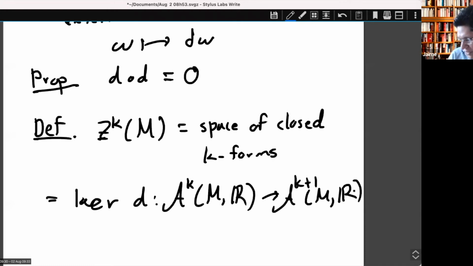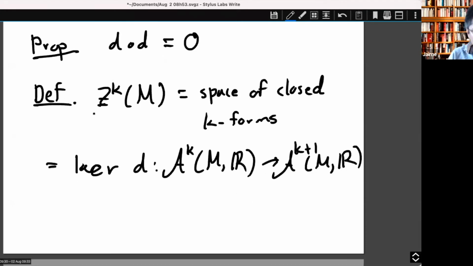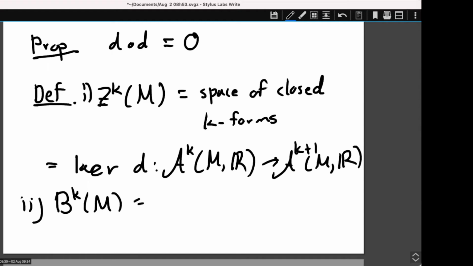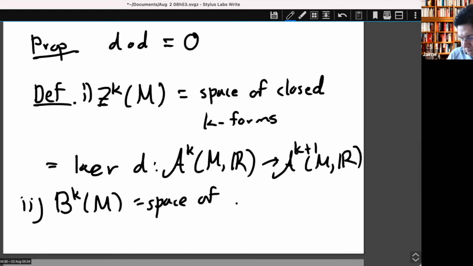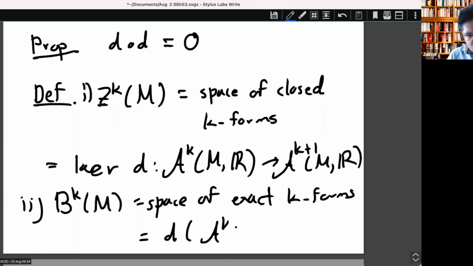It's just the kernel of this map, right? Continuing with the definition, we have the space of exact forms, which is nothing but the image under d of the (k-1)-forms, okay?